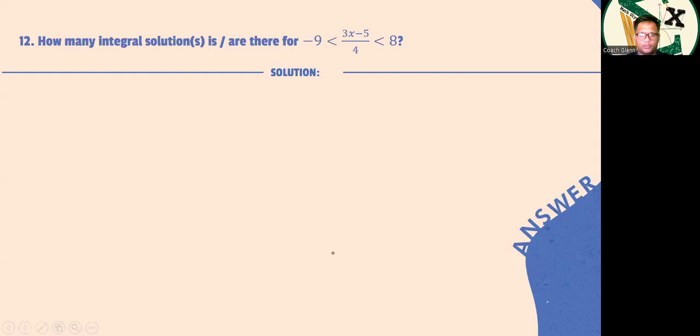How many integer solutions? Okay, this is similar to the previous problem that we had. So again, all we need to do is first get rid of our denominator. So we multiply by 4 here. Negative 9 times 4 is equal to negative 36. So we cancel 4 here. So we have 2x minus 5. Here we have 8 times 4, which is positive 32. Next, we get rid of negative 5.